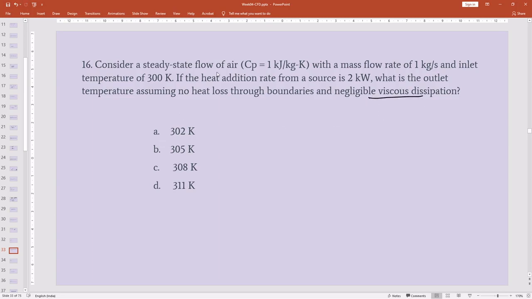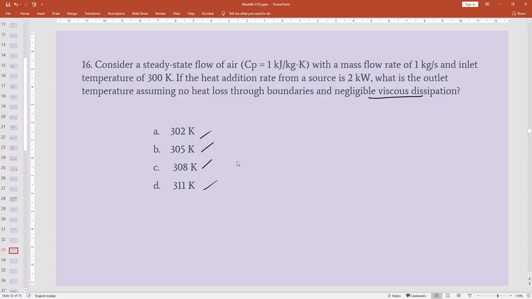You have to choose your equation, calculate, and give me the solution. Options are A 302 Kelvin, B 305 Kelvin, C 308 Kelvin, D 311 Kelvin.